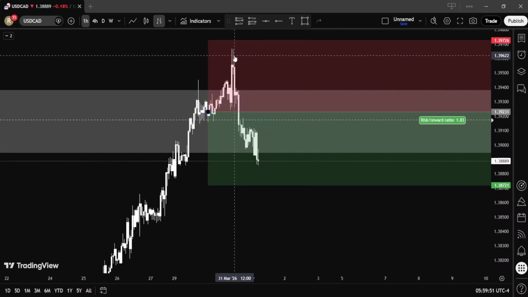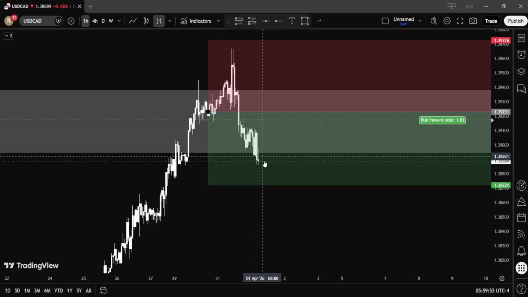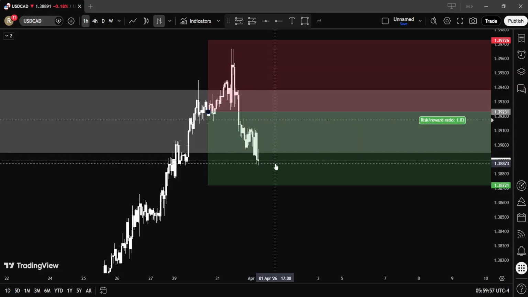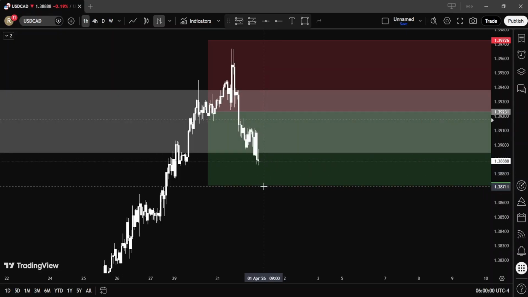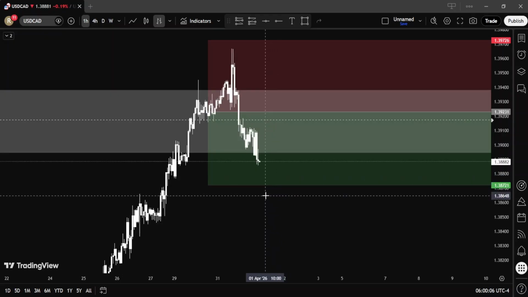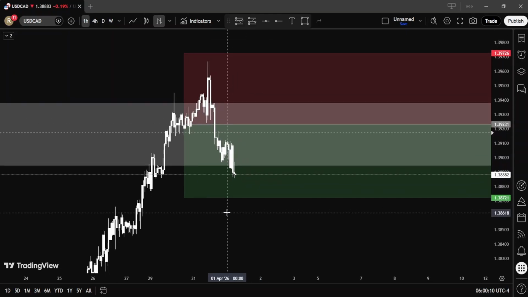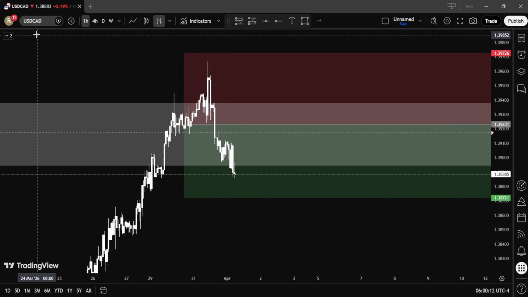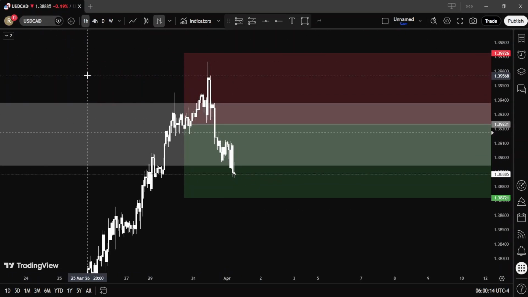Came up here, started to reject, and now it's more than halfway, 2/3 of the way down to the target, and it's likely going to hit the target today or tomorrow. So that's it. There you have it, USDCAD analysis.